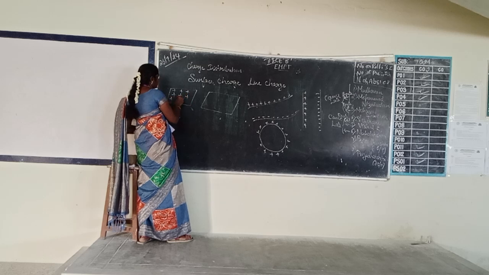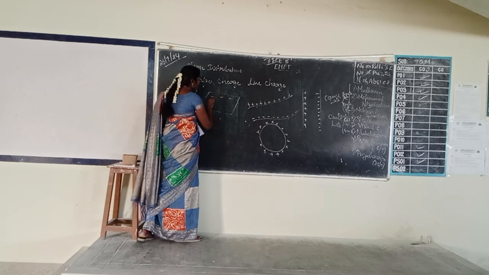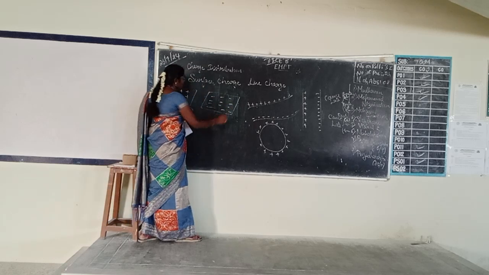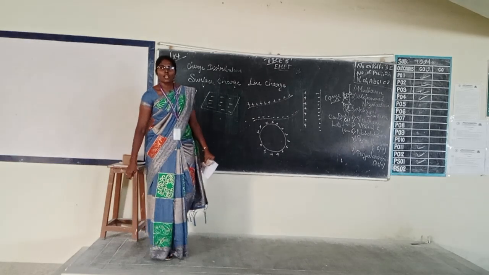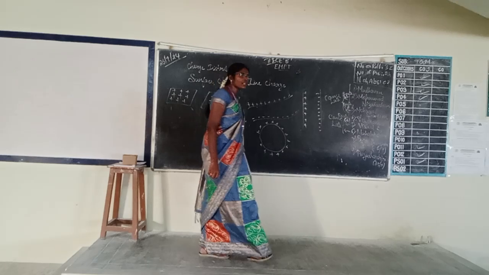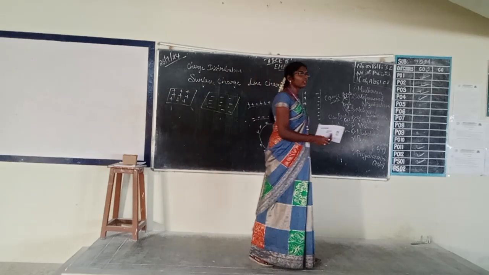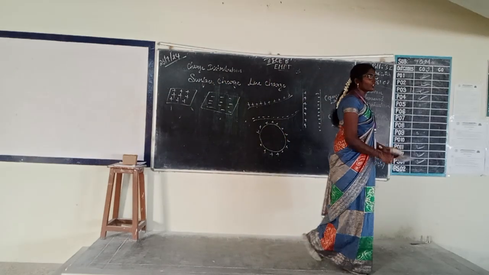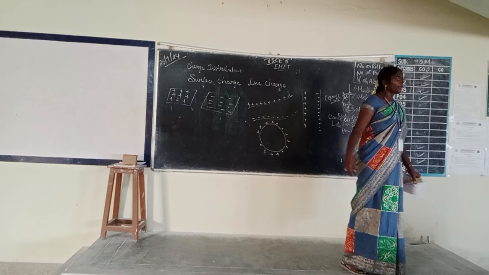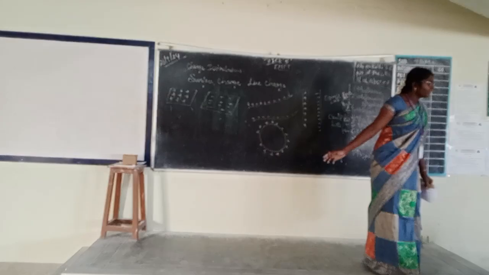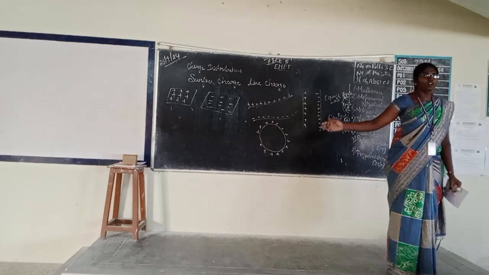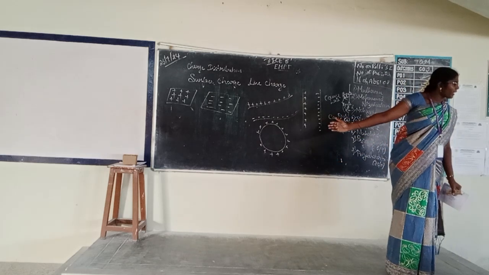Throughout its two-dimensional surface, it will carry the same charge. If this surface is carrying the positive charge, one more surface can carry the negative charge. How can we define the surface charge? In a two-dimensional surface, the charge is distributed evenly. So for that you can draw this diagram and explain.